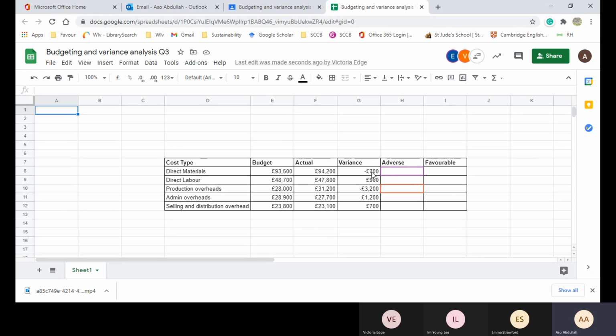It is not necessarily budget minus actual. So always take the greater figure minus the smaller figure. Variance is only the difference. It doesn't matter whether it is, yes, well done. So if we're looking at the direct material, we can see the difference is 700. Well done.